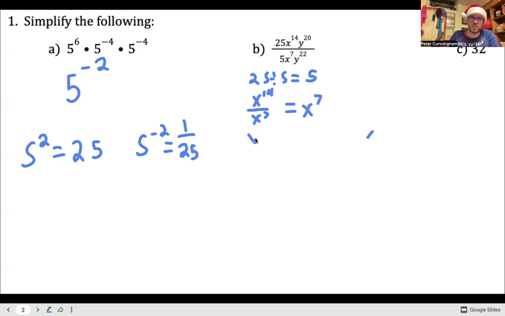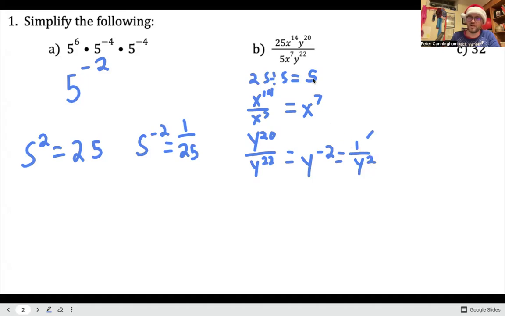And then this is where it gets a little tricky. Y to the 20th divided by y to the 22nd would be y to the -2. Remember what we just said about negative exponents. Y to the -2 is like saying 1 over y to the second.